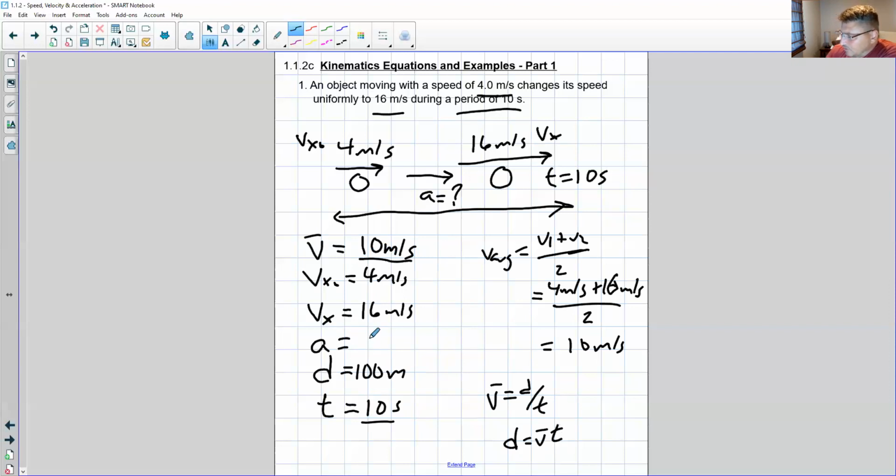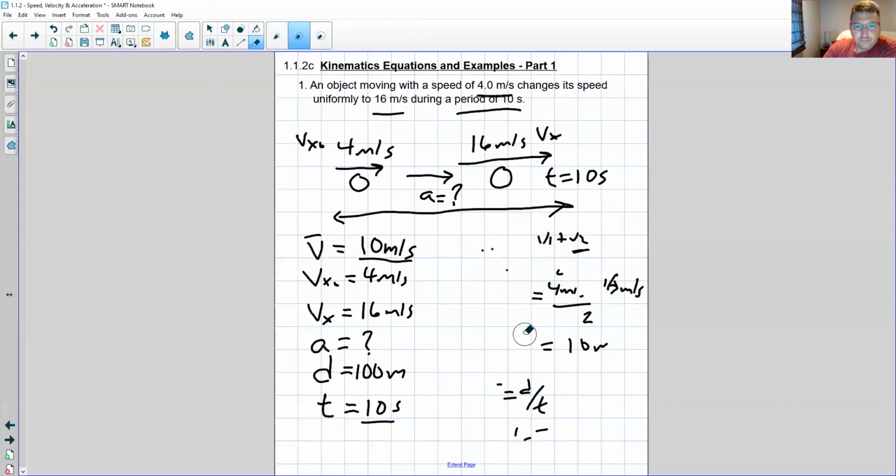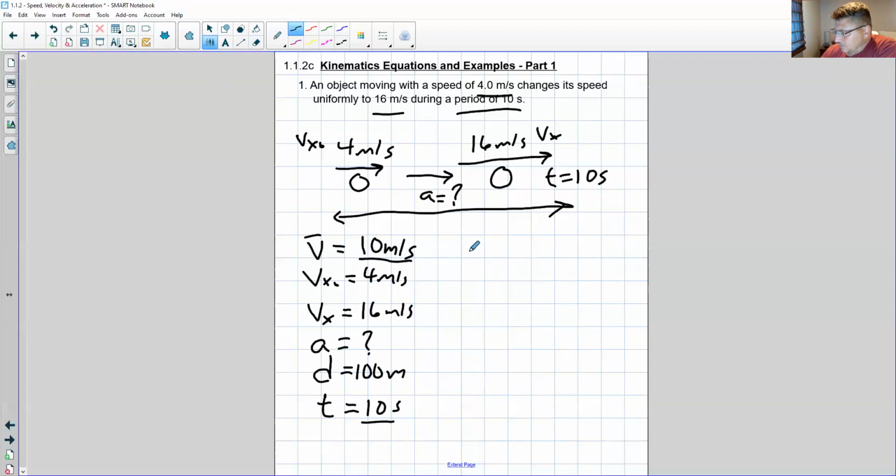So the only unknown here now is the acceleration. Well, we have various ways to get the acceleration at this point. I could use a few different methods. I could say A equals delta V over T, and remember, that's the final minus the initial.